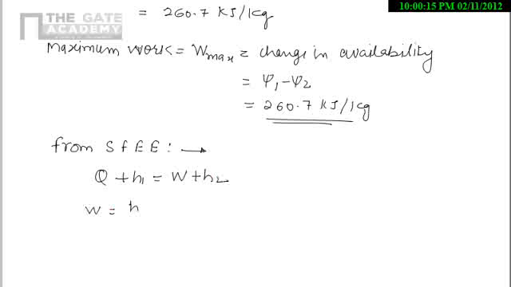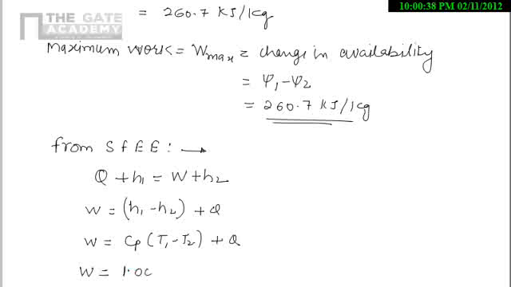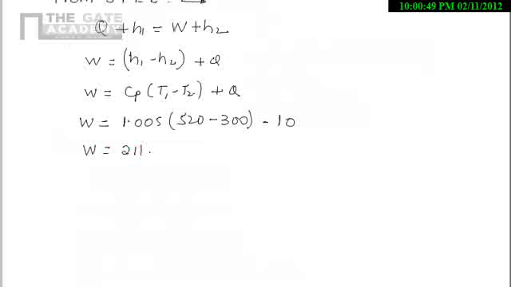So W will be H1 minus H2 plus Q. In place of H1 minus H2 I can write Cp times T1 minus T2, plus Q. So W equals Cp, that is 1.005, T1 520, T2 300, minus 10. So W will be 211.1 kilojoule per kg. That is the actual work.